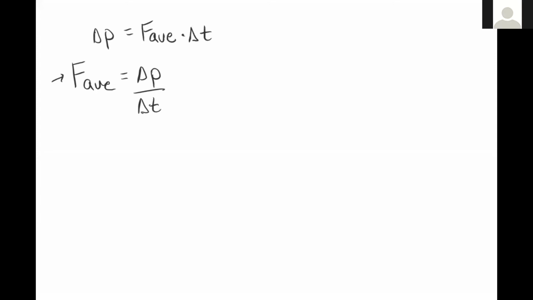So the magic is, we already know delta P from part A. How do you find the change in time here? Here's something you could think about. We know that a speed is equal to a change in position over a change in time.